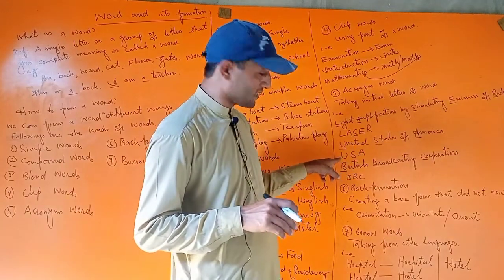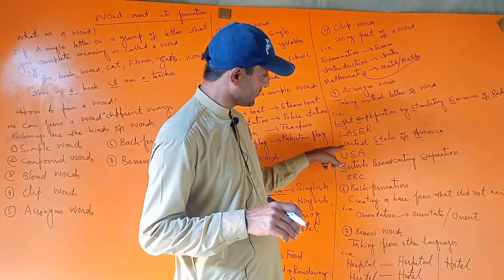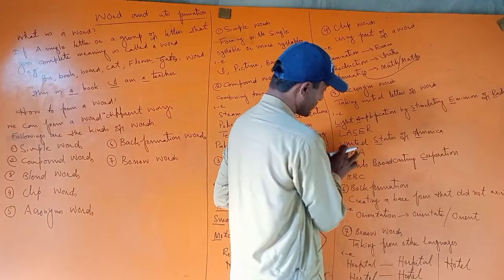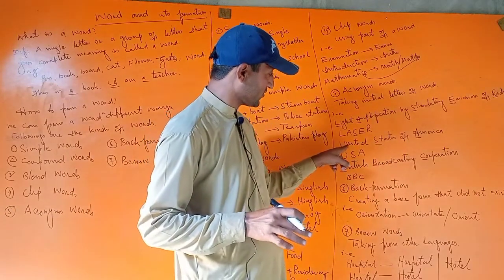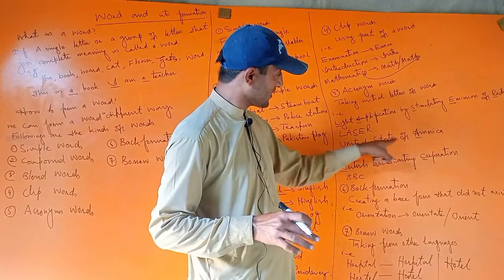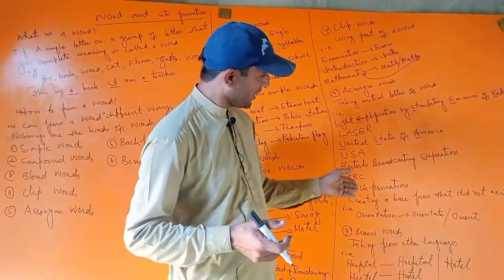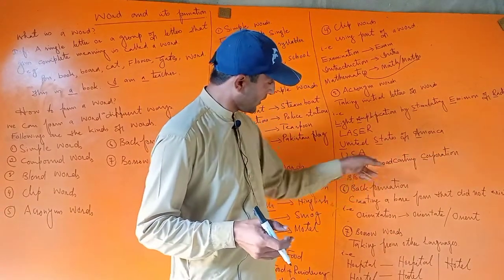And we have USA, which is the United States of America. We have taken U from United, S from States, and A from America. We also have British Broadcasting Corporation, which is BBC.